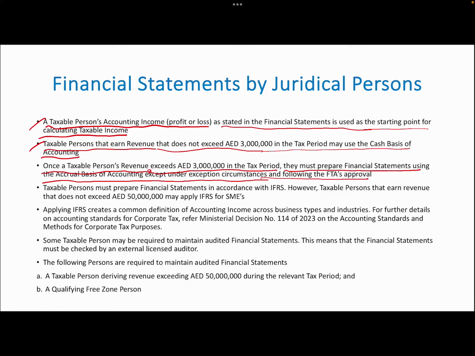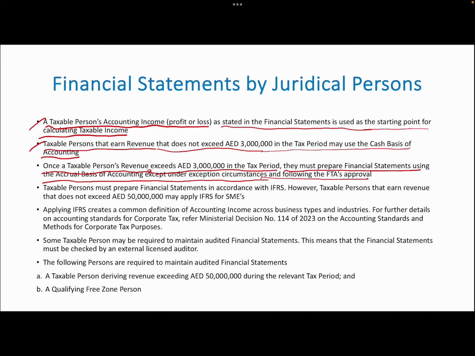Again, if your revenue does not exceed 3 million, the FTA allows you to use cash basis of accounting for your corporate tax returns. But once your revenue exceeds 3 million in the tax period, you must prepare financial statements using accrual basis of accounting. You don't have any choice.